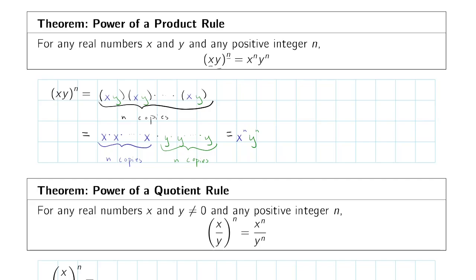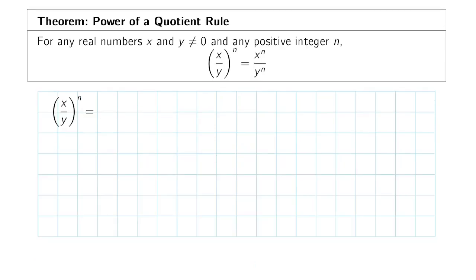Similarly, if we're dividing two numbers and then raising the result to the n power, and here we just have a little note that the number we're dividing by cannot be 0. x over y to the n power, that means we're taking x over y multiplied by x over y multiplied by additional copies of x over y, enough that we have n copies of that.